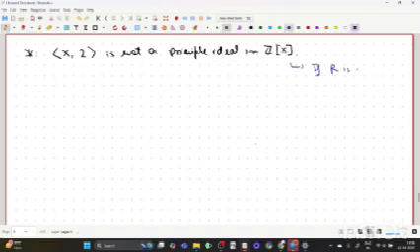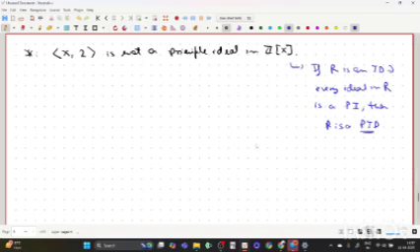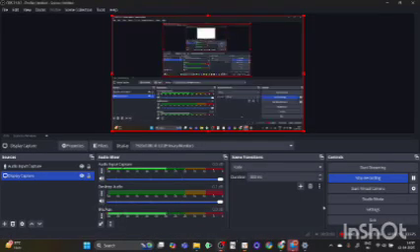If R is an integral domain such that every ideal in R is a principal ideal, then we say that R is a PID, a principal ideal domain. So what this statement actually proves is that Z[x] is not a PID, right? So we will check the proof of this now.